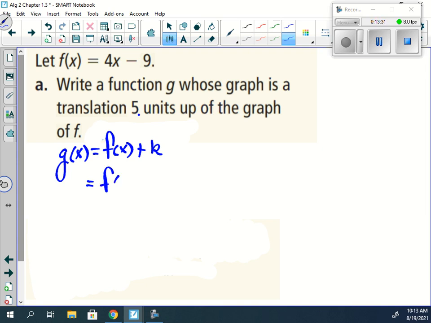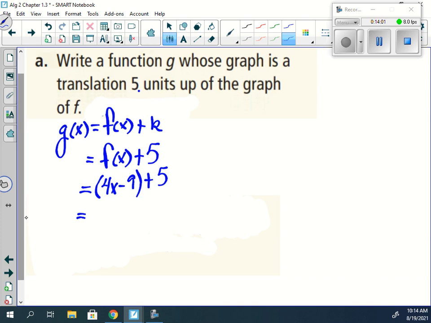Well, how far are we moving it? So we would have 5 and it would be positive. Up is positive, down is negative. Now what is f of x? Well, we don't really need the parentheses.